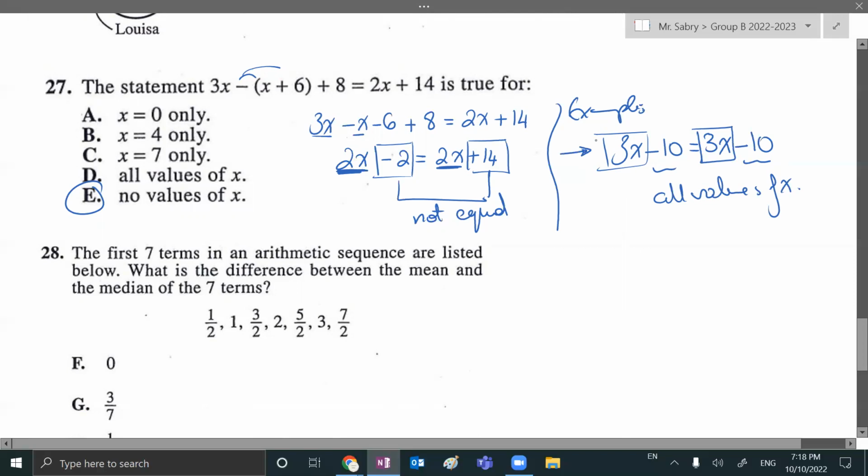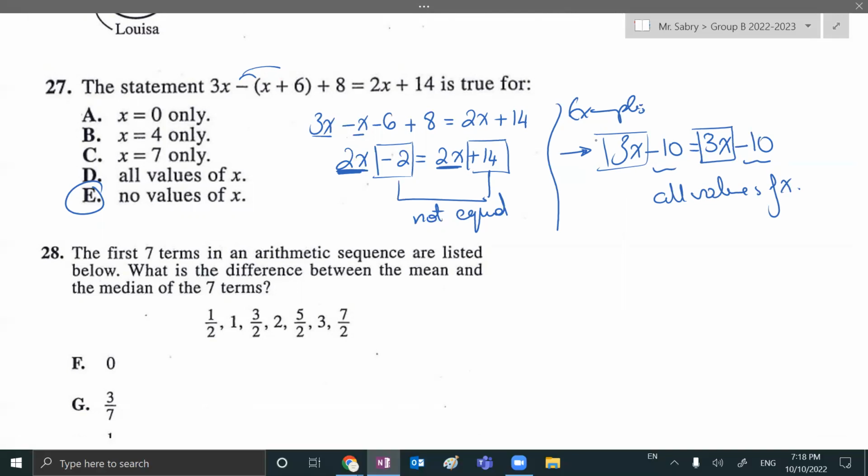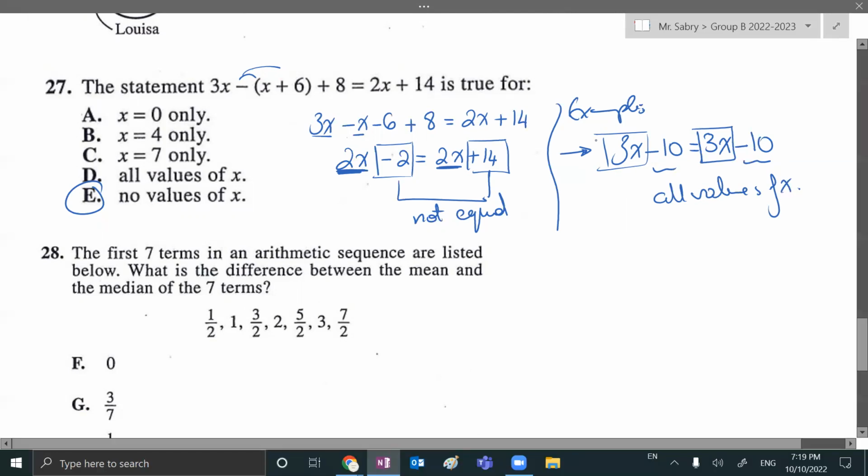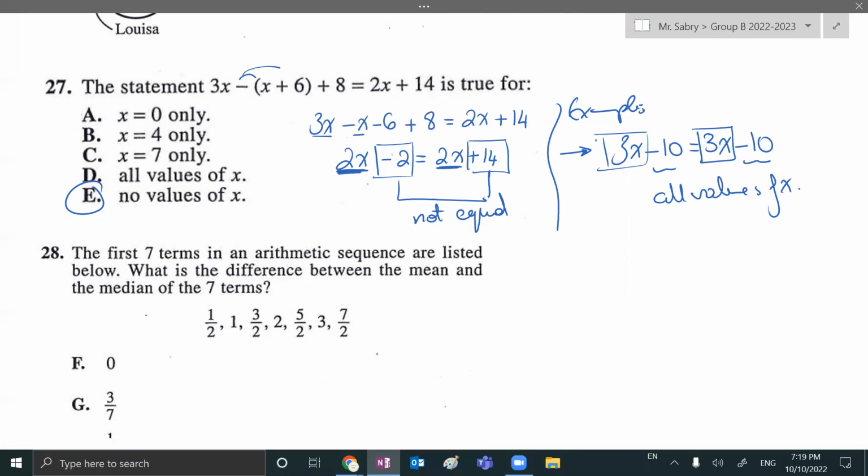So if the x's remove each other, there are two cases. If the x's remove each other entirely and the remaining parts of the equation are equal to each other, the equation is still true, then it is all values of x. But if the x's remove each other but the sides are not equal, then they'll never be equal, no matter what the value of x is. Does that make sense again, everyone?